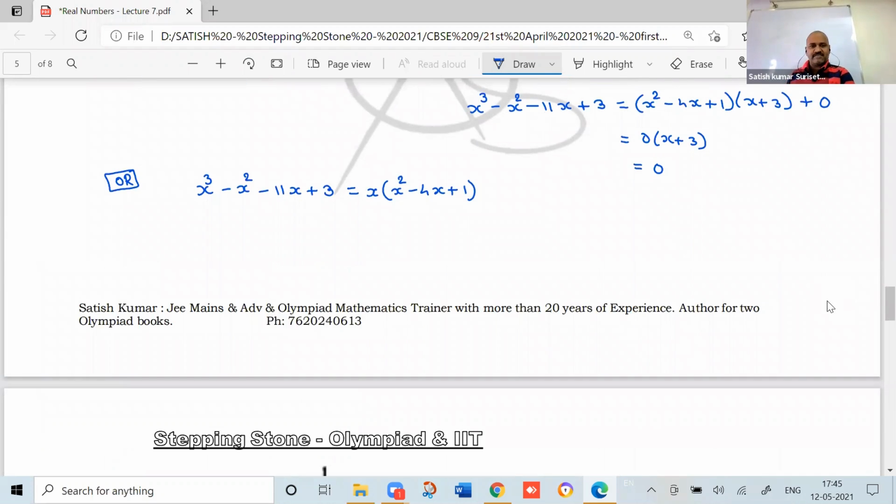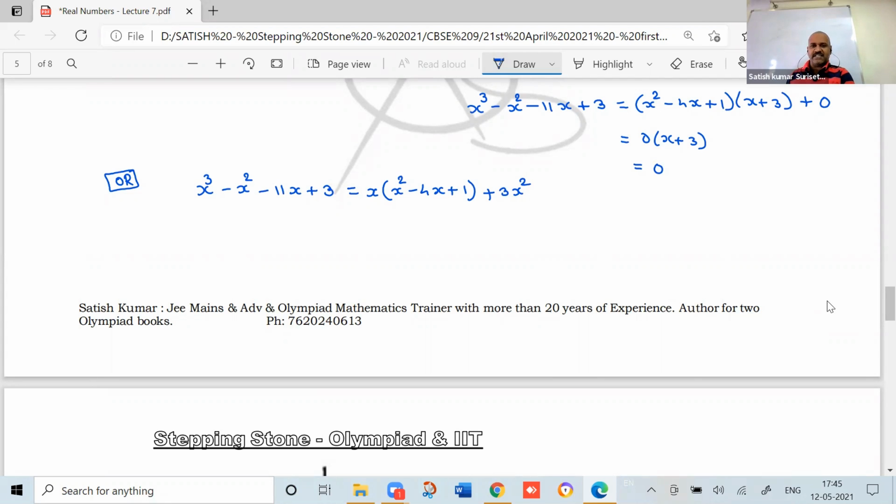So x into x square, x cube is there. x into minus 4x, so minus 4x square is there, but here minus x square is there. Next, x into 1, plus x is there.